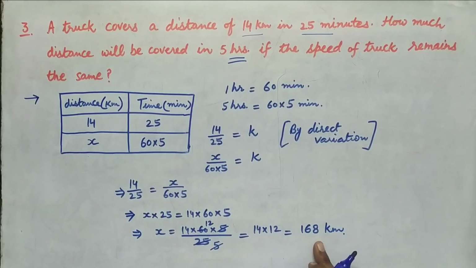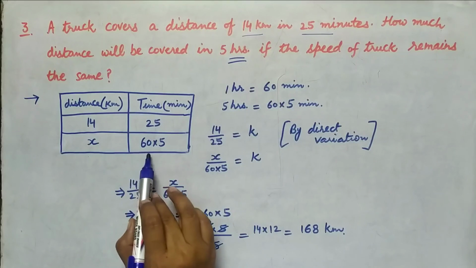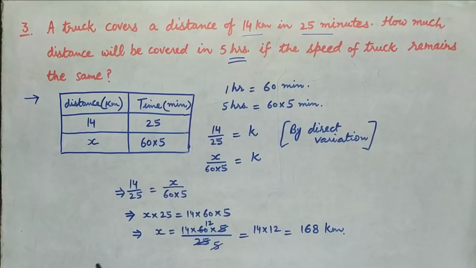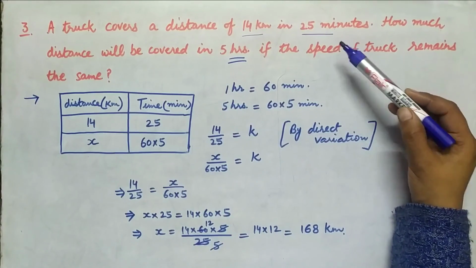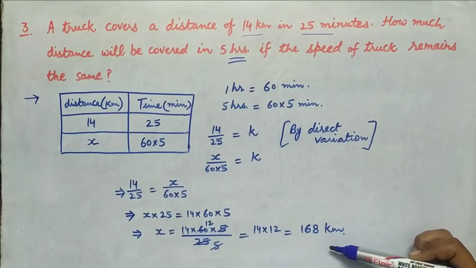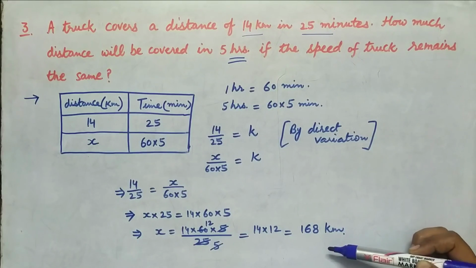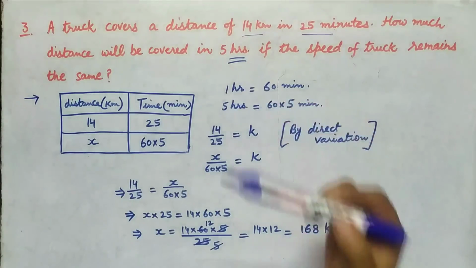This much distance, 168 kilometers, is covered by the truck in this time, 5 hours. So 14 kilometers are covered in 25 minutes and 168 kilometers are covered by the truck in 5 hours.